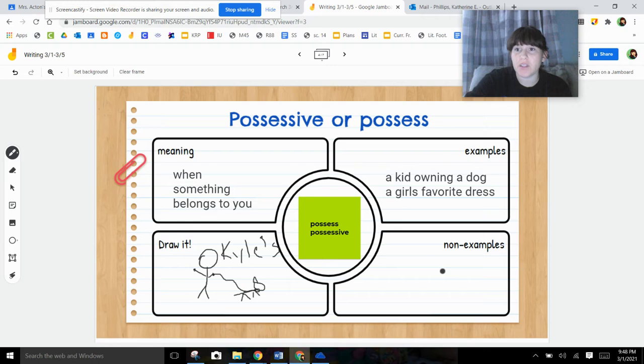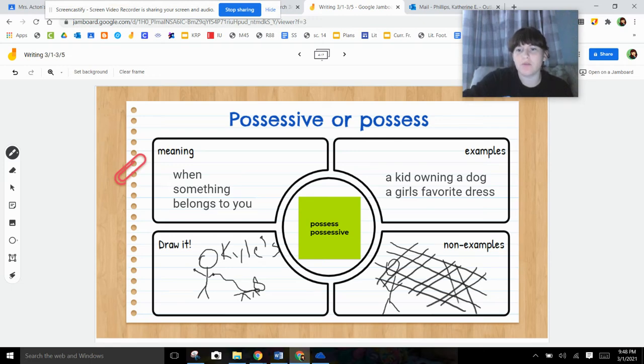A non-example is something that you don't possess, that you're not possessive over. We'll do the same guy, but let's say he's walking along. I'm trying my best to draw a fence, and on the other side of the fence is another doggy. Oh my gosh, that drawing is terrible. But that's a perfect non-example.